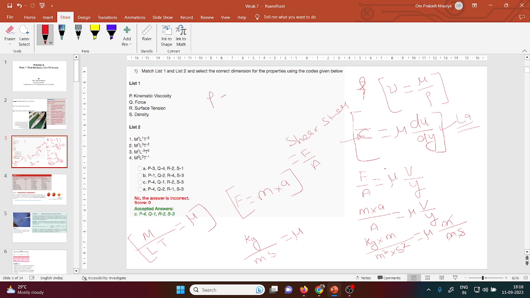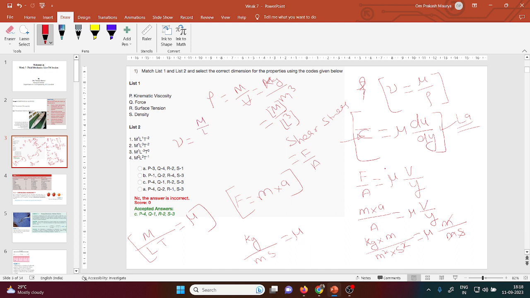You know from the very basics, density is mass divided by volume. For mass, that is the kg, and meter cube. So this is M divided by L cube.